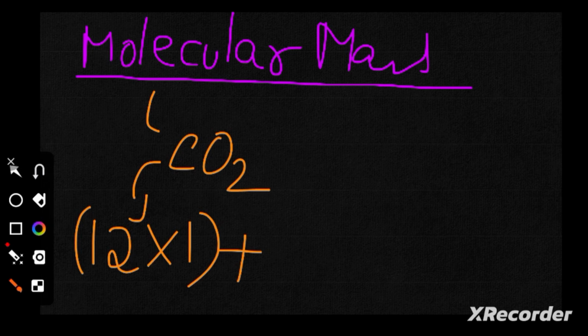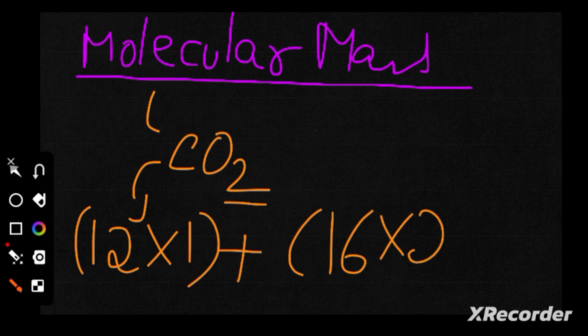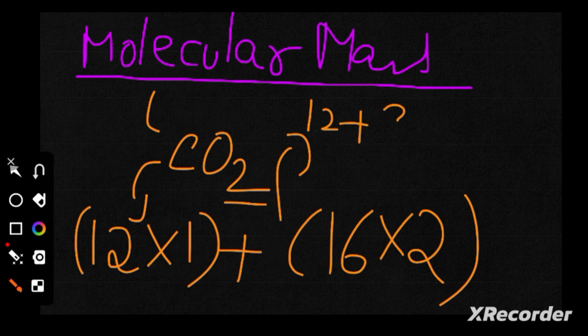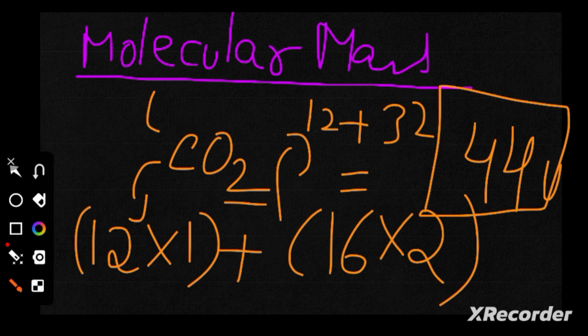Or 16 gram. 16 gram means it is gram atomic mass. And how many atoms of oxygen are there? There are two atoms. It's gonna be 16 into 2. Then if you solve it further, it's gonna be 44 U. So carbon dioxide has the molecular mass of 44 U.